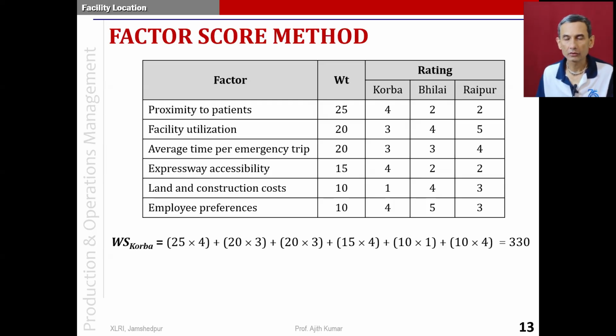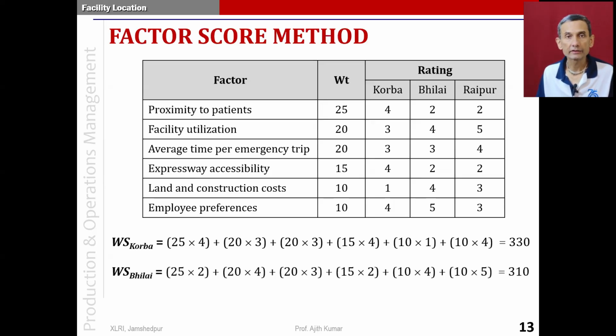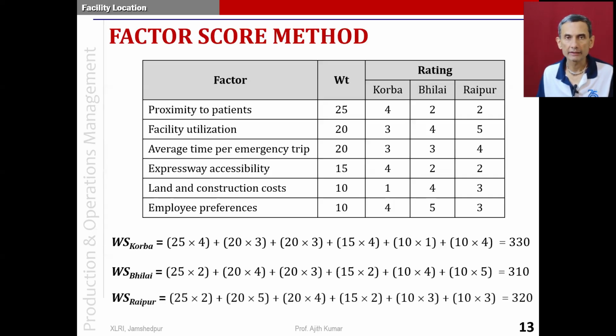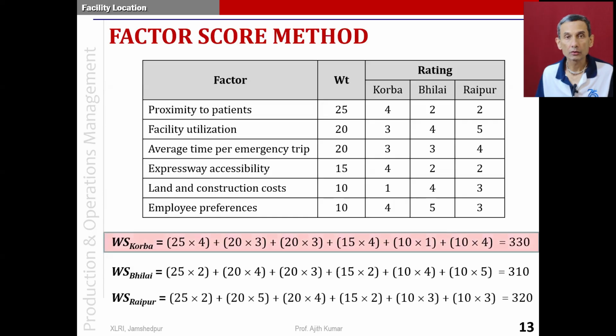Ultimately, Korba gets a score of 330. In the same way, Bhilai gets a score of 310 and Raipur gets a score of 320. As we can see, Korba has got the highest score, 330. And therefore, we would like to pick Korba as our desired location because Korba performed best on this weighted score.